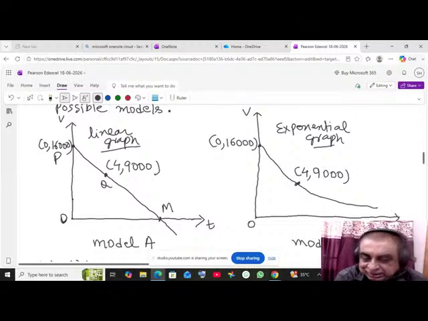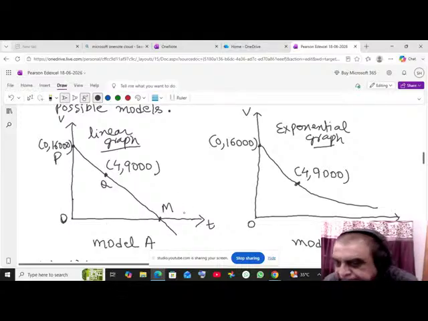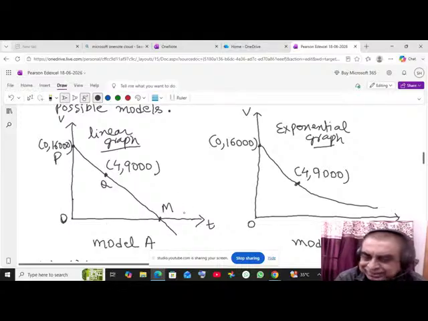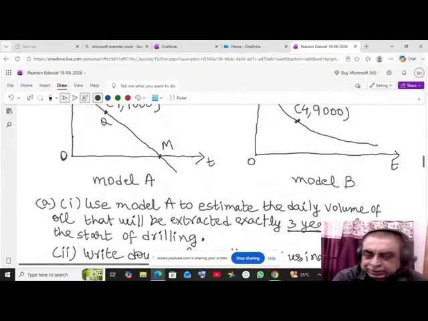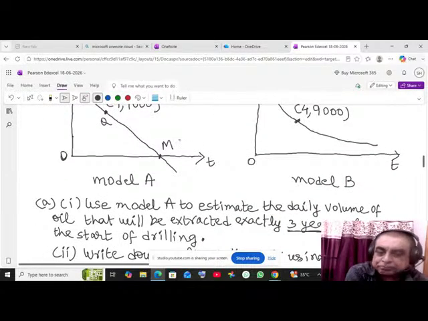That means at this point, the x coordinate is some number, but the V value will be zero. The y coordinate will be zero. Every point which lies on the x-axis, the y coordinate is zero. So at the point M, there will be some x coordinate, which I am calling T1, and the y coordinate will be zero.